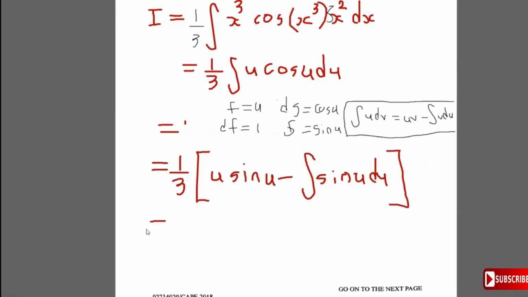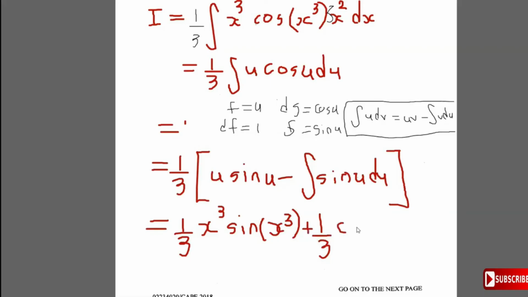Finally, the answer I'm getting is 1 over 3 u, but remember, u was x cubed, so it's 1 over 3 x cubed sine x cubed. Since I expand the 1 over 3, it becomes minus 1 over 3 times the integral of sine u, which is minus cos, so it becomes plus 1 over 3 cos u.